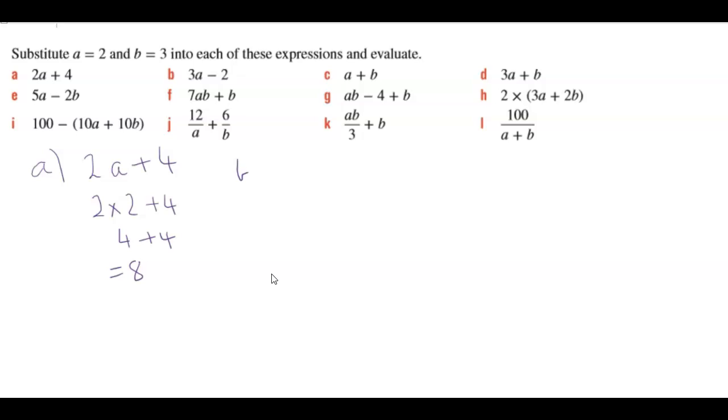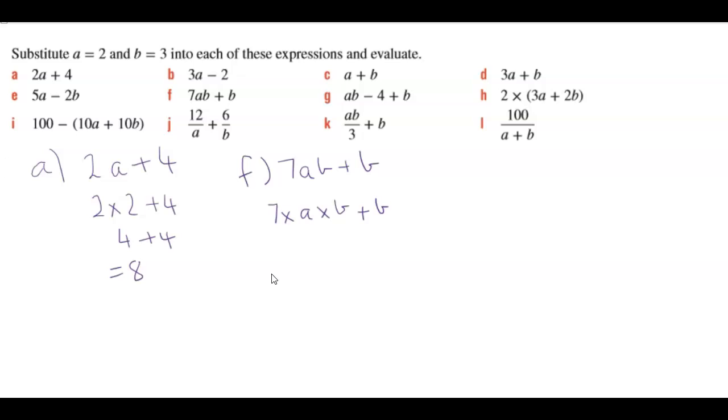Okay, let's go. Oh, I don't want to do the same one. Just go on to a harder one. Let's do F. 7ab plus b. Now, if it's easier for you, before we do the substitution, you can separate your coefficient from your pronumerals by putting the multiply sign in.